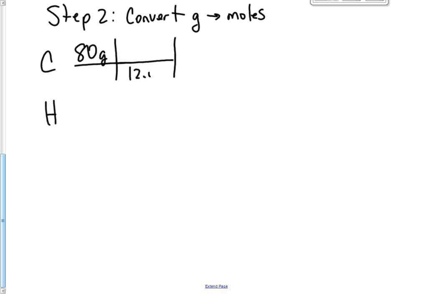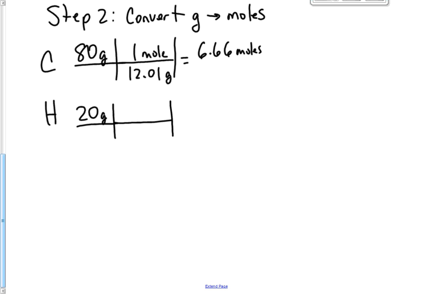You have 12.01 grams per 1 mole of carbon, and that's going to give you 6.66 moles. And then hydrogen, you have 20 grams. 1.01 grams of hydrogen is going to give you 1 mole of hydrogen. And when you divide that out, you end up with 19.8 moles. So we've converted our grams into moles.